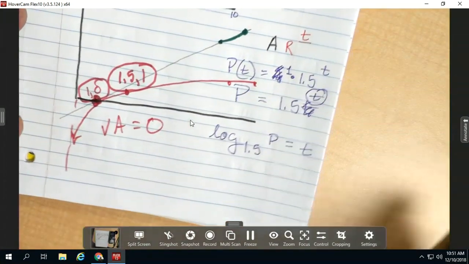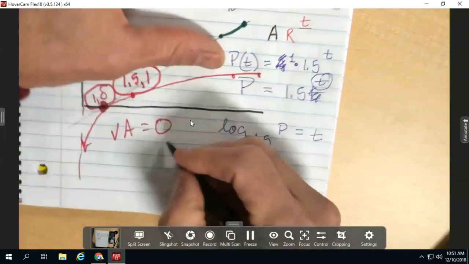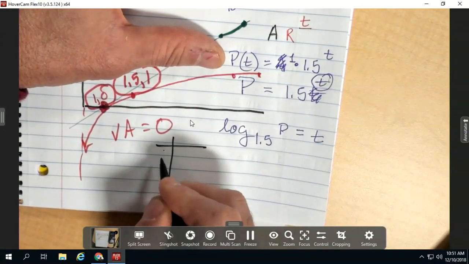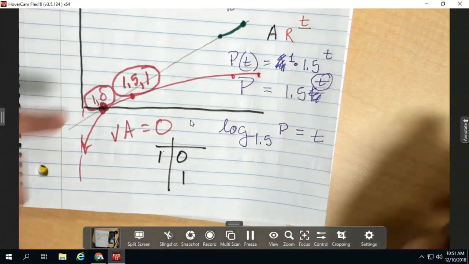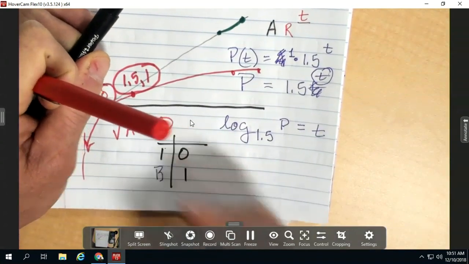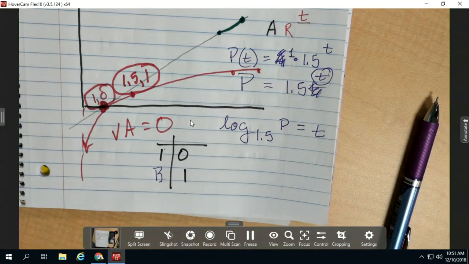Every logarithmic function has 2 points on it: 1 and 0, and the base and 1. You will always be able to graph those 2 points.